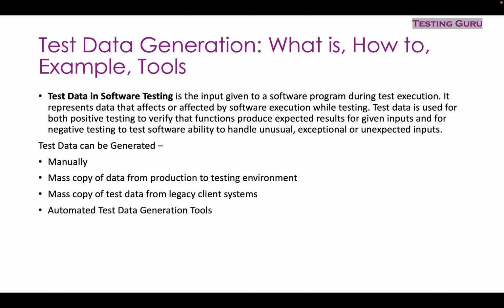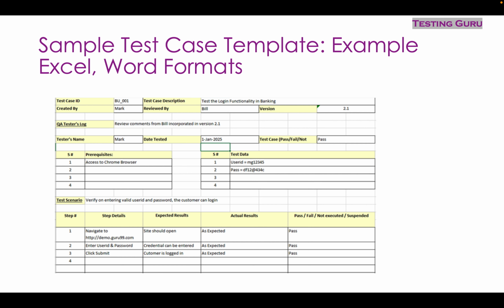Okay, so now we'll move to the next slide, which is the test case template. The test case template is the document, which we can create in either Excel or Word format, and it will have the details of test cases: test case ID, test case description, and who has created it.